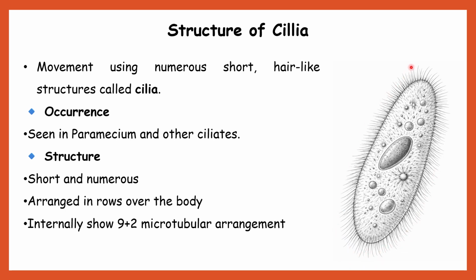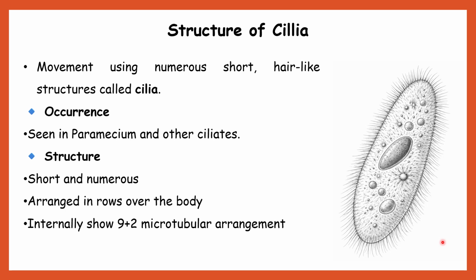The cilia are present all over the body of the Paramecium. Cilia are very numerous in number. They are short and small hair-like structures known as cilia. The best example for this is all the ciliates and Paramecium, which, as all of you know, is a very well studied ciliate, right?